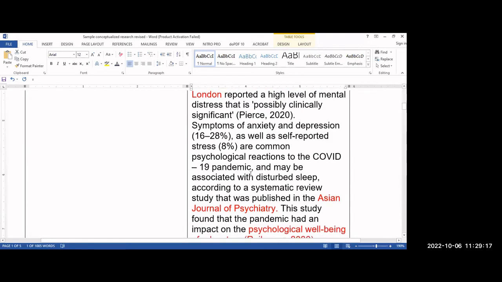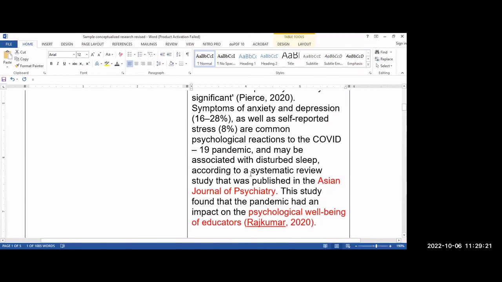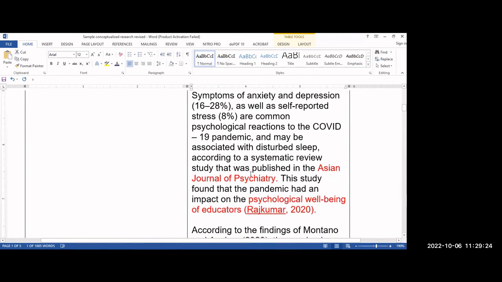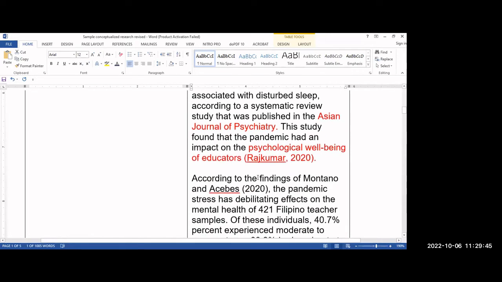Okay? So, another, meron na namang study conducted in the Asian Journal of Psychiatry, that the study found that, okay, so another country na naman ito with the symptoms of anxiety and depression from the Asian Journal of Psychiatry showing problems on the psychological well-being of educators.